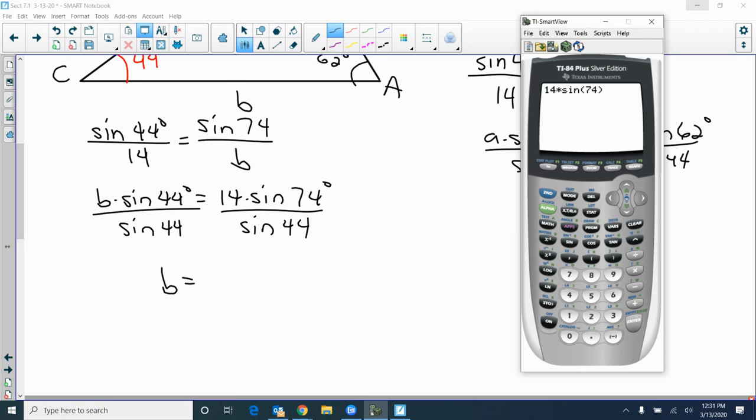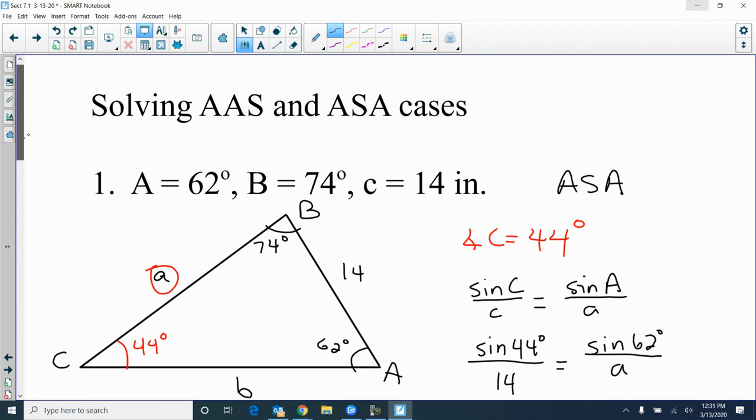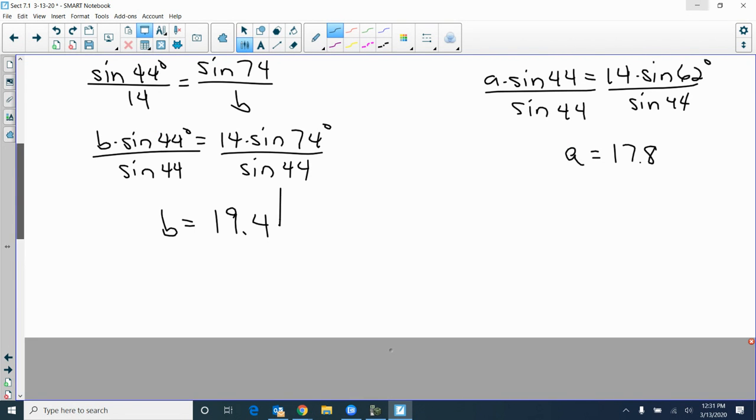Yes, you can type it all at once, but it never hurts to go, here's your numerator, divided by sine of 44, 19.4. So I get B is 19.4, and that stays in line with the fact that that's the biggest, so it's going to be inches as well.